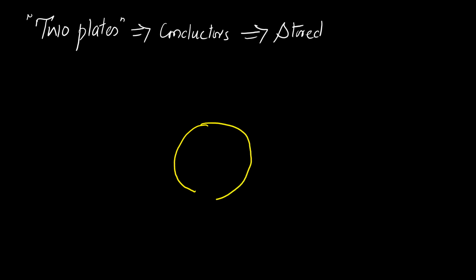Suppose this is a spherical conductor, and let us give name to spherical conductor as S, and plus Q charges are stored at the surface of the spherical conductor. This is origin, and distance from origin to the surface of sphere is R, or it is the radius of the sphere.